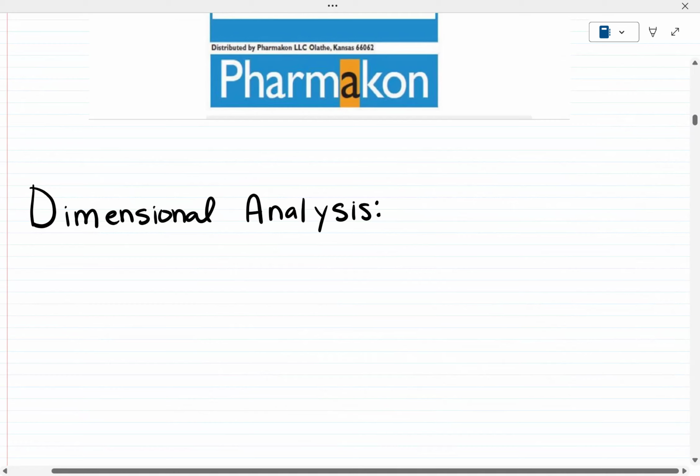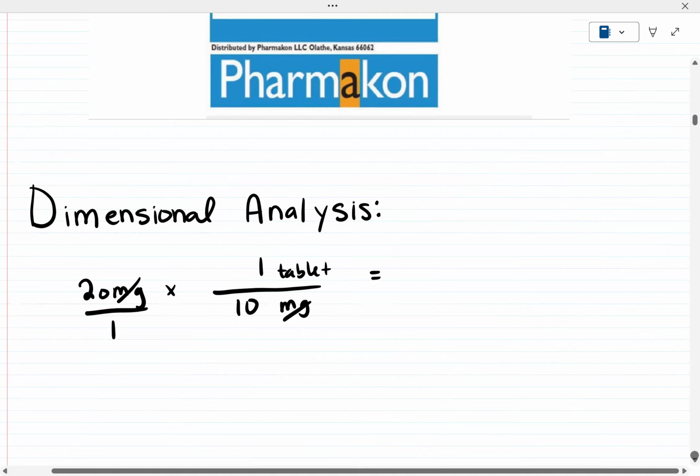So we can start out with 20 milligrams times, and we were given for one tablet, you could put milligrams on the bottom, tablets on the top. For one tablet, there's going to be 10 milligrams, and then the milligrams disappear, and you multiply across because it's a fraction.